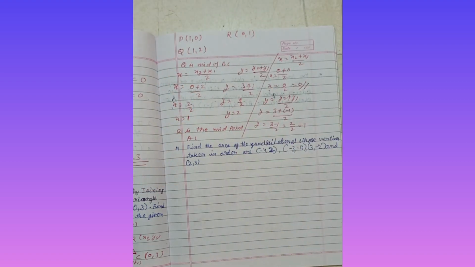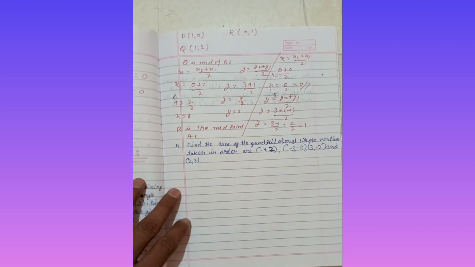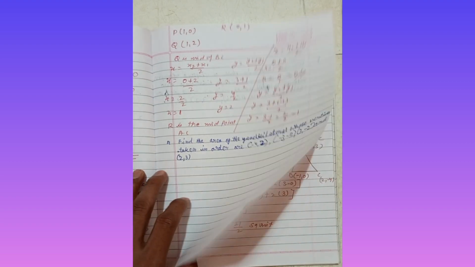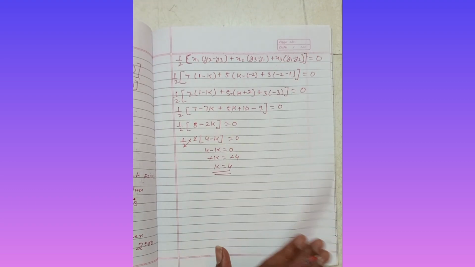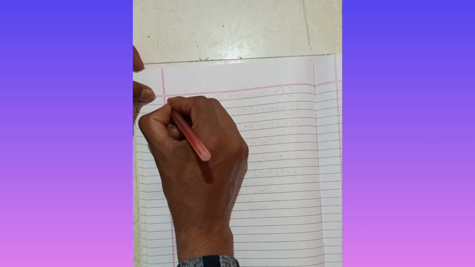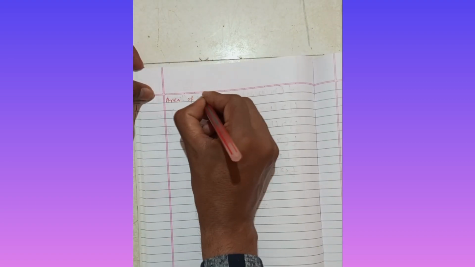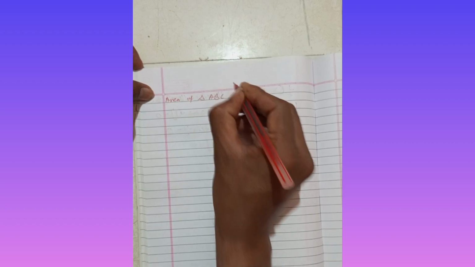Now it is asking to find the area of both triangles and then the ratio. So first we find the area of triangle ABC. What are the vertices given?